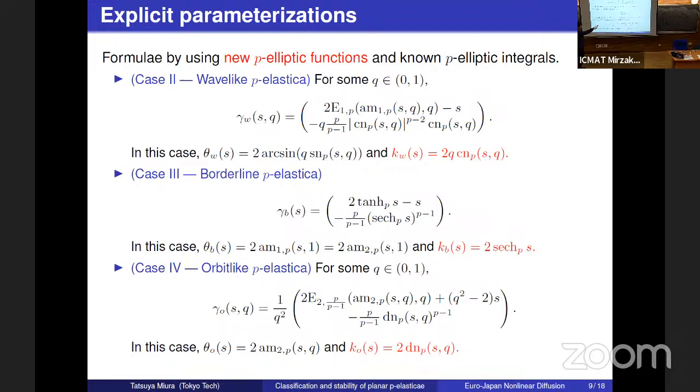But the point is that for all of the curves, the curvature can be represented directly by the p-elliptic functions. And those functions have qualitatively quite similar properties to the classical Jacobian elliptic functions. So by using this fact, we can extend very many of the known analyses to this p-elastica case.